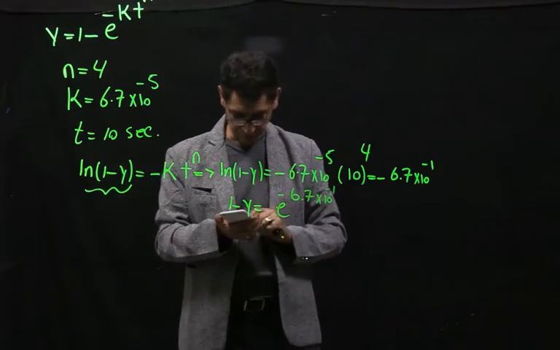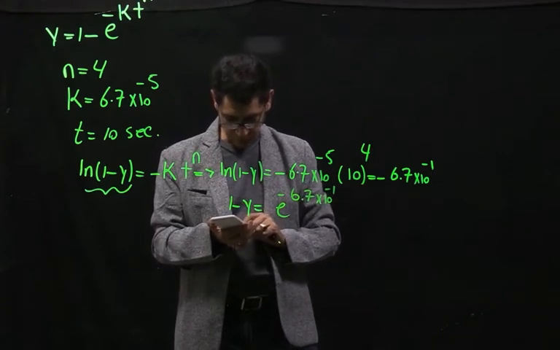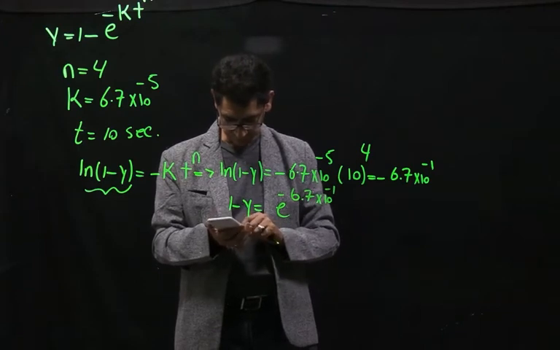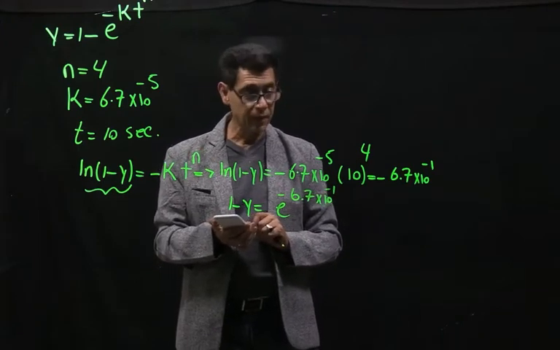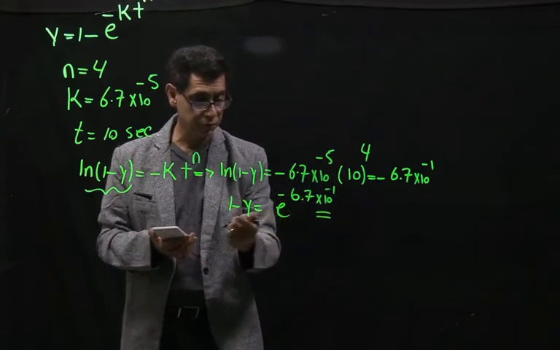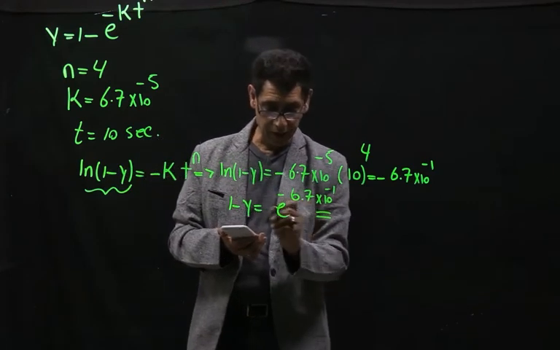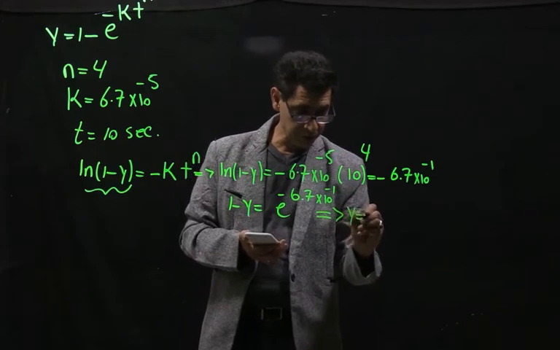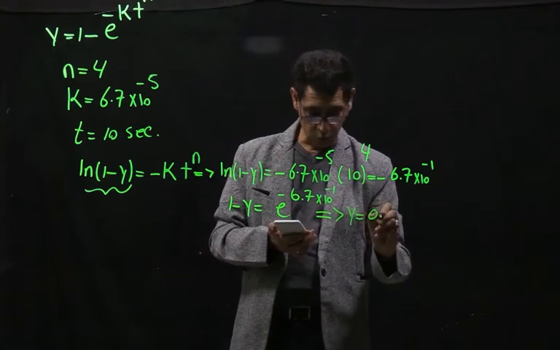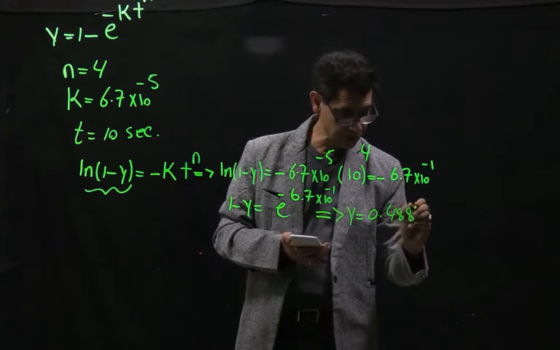So here, the negative of this value, e to the power minus 0.67, and you can simplify, this value becomes 0.511 and y is equal to 0.4883.